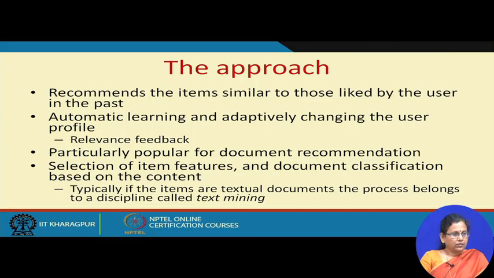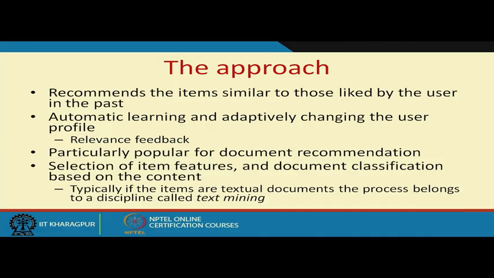These kinds of systems are particularly popular for document recommendation, like your news items. It tries to find out the similarity between these text documents by understanding their contents in terms of the keywords they use and so on.